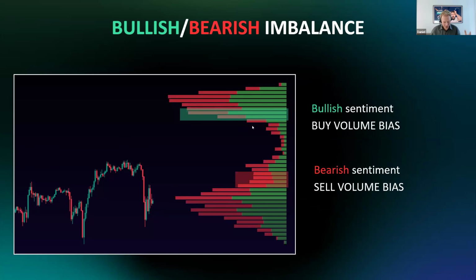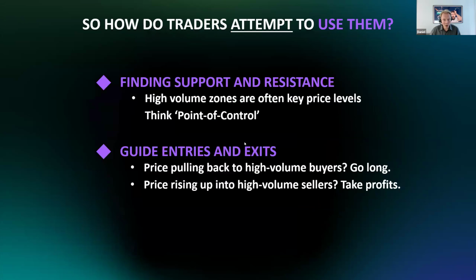So putting all this together, and we're going to build on top of this, how do traders typically use volume profiles? Well, many traders use these big volume nodes, these high volume nodes, these ones here. They use them as support and resistance. Because as mentioned before, as price enters into these levels, it tends to slow down.